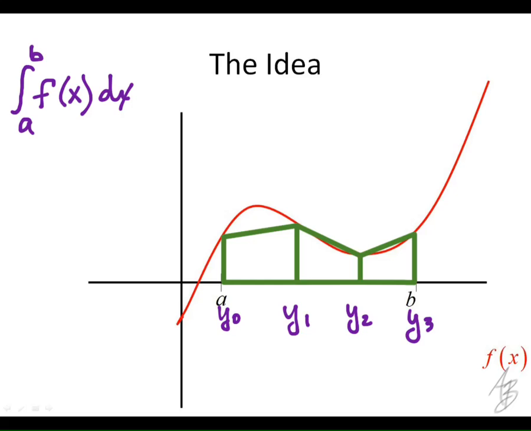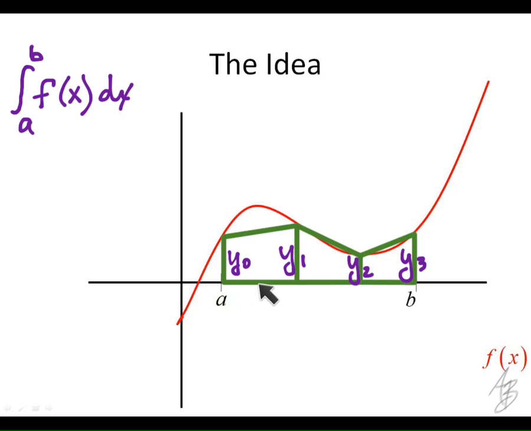So let me move those into the correct places here. Again, the y0, y1, y2, y3 are going to be the heights of these vertical lines, and those are going to represent the bases. The width of each one of these intervals we'll call h. It's also commonly referred to as delta x.